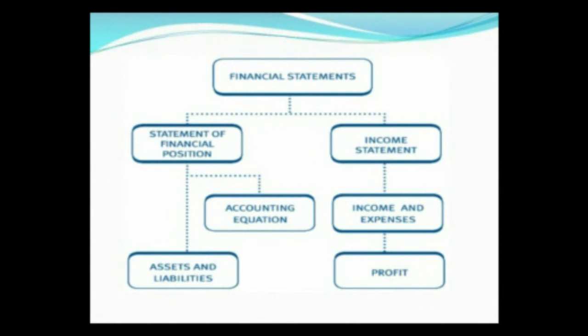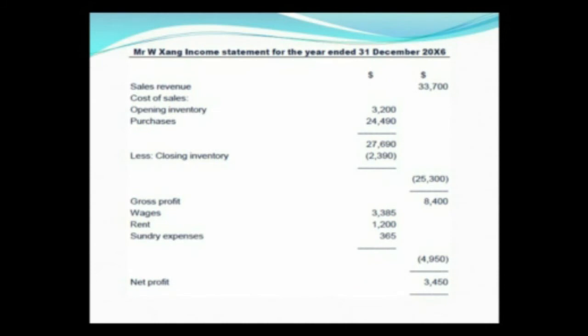If you learn the formats by heart, then you will be able to make the income statement or balance sheet of any company by having their trial balance in your hand, right? In the income statement, we have the formula income is equal to revenue minus expenses.